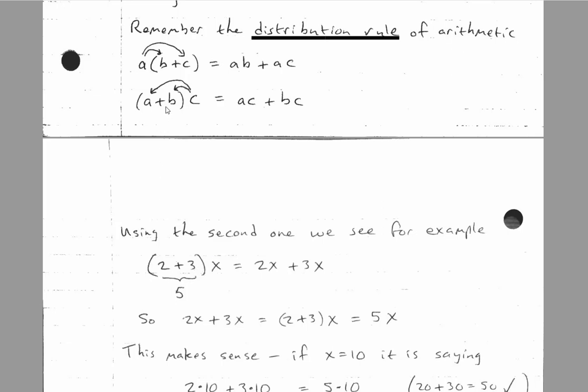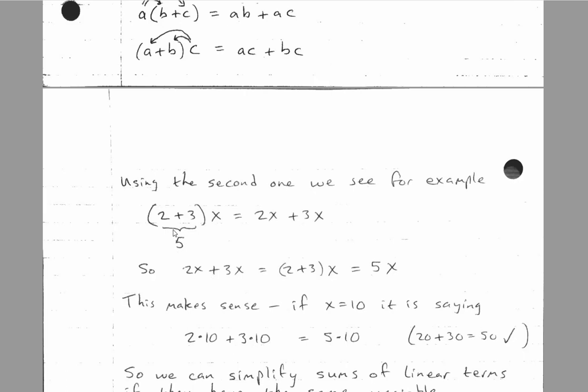So just replacing the a, b, and c with 2, 3, and x. So 2 plus 3, that's 5. So this is really 5x on the left. But if you distribute, you can write it as 2x plus 3x.